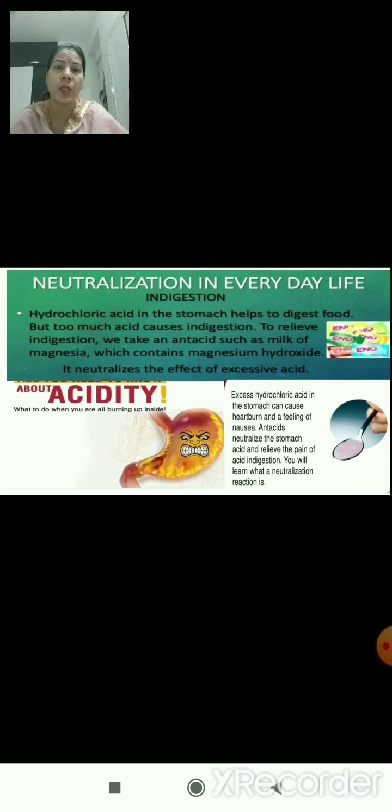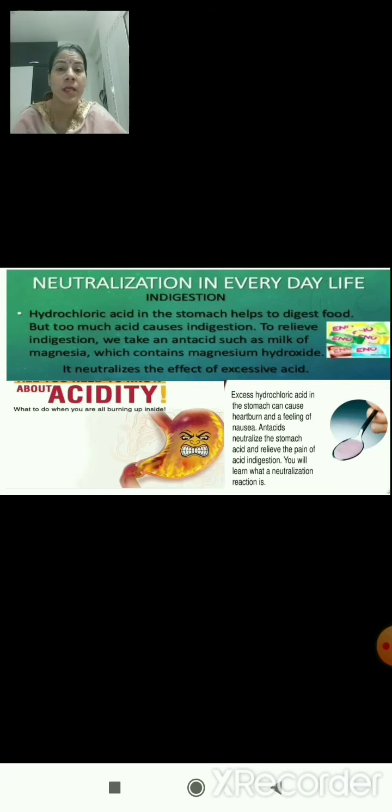Children, sometimes when you eat so much oily food or when your stomach is not working properly, you suffer from indigestion or acidity problem. At that time, what relieves you, or if you go to a doctor, what will the doctor give you as a medicine to relieve this acidity?